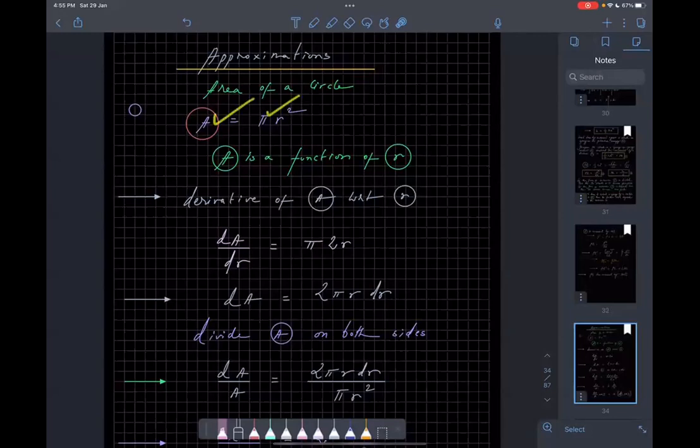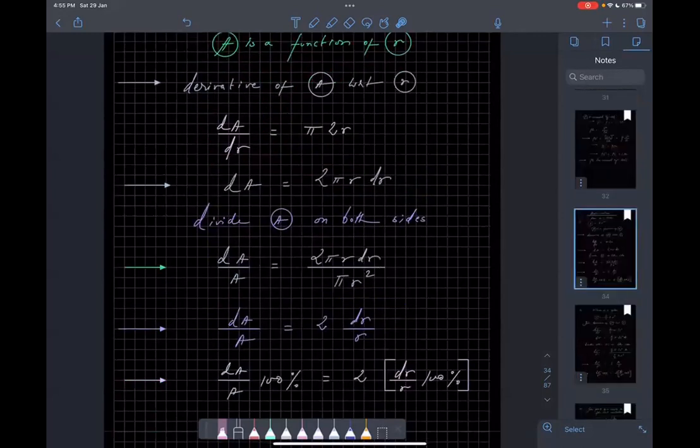Area of a circle is pi r square. Now, if I take the derivative of A with respect to r, what will I get? dA by dr is equal to pi, which is a constant, times the derivative of r square, which is 2r. Clear? So dA is 2 pi r dr. If I divide both sides by A, on the left side I divide by A, and on the right side by pi r square, both are the same.